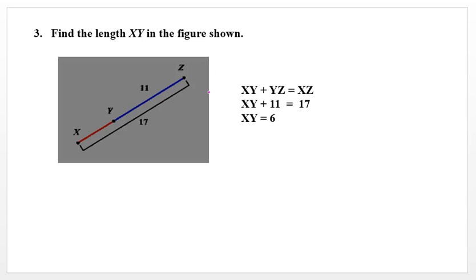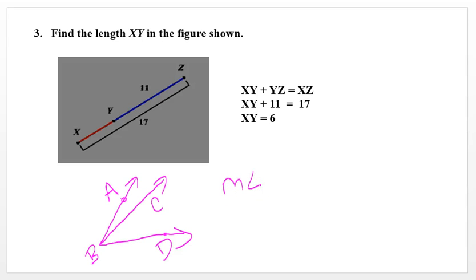Okay, so say I have an angle measurement here that's split. Let's call that vertex B, that point A, this point C, and that one point D. And then you are given the measurement of angle ABC is equal to 20 degrees.